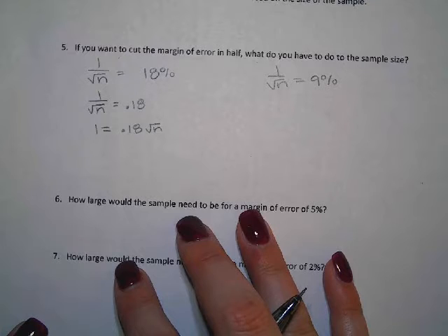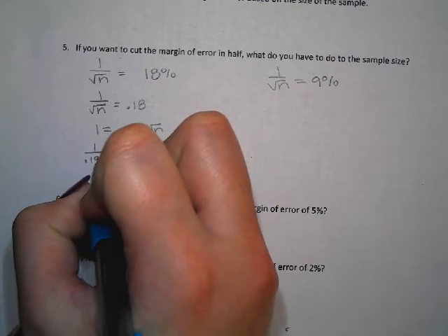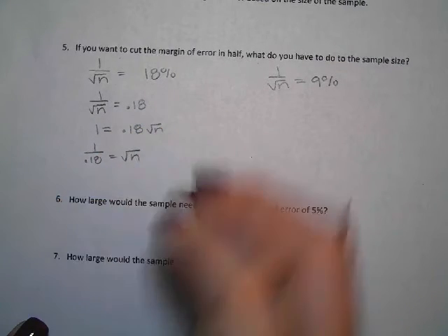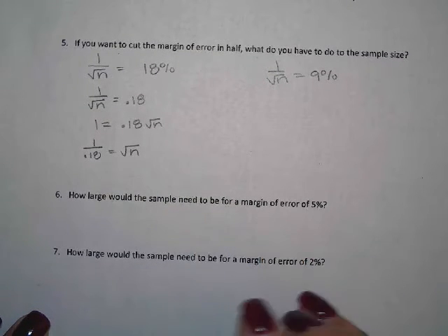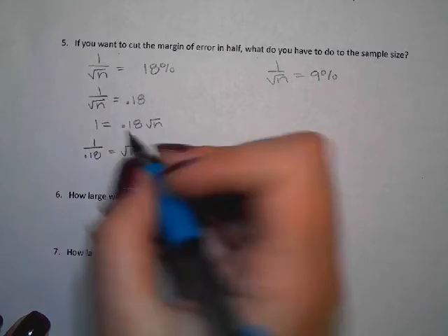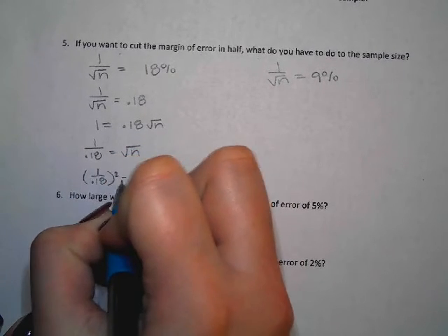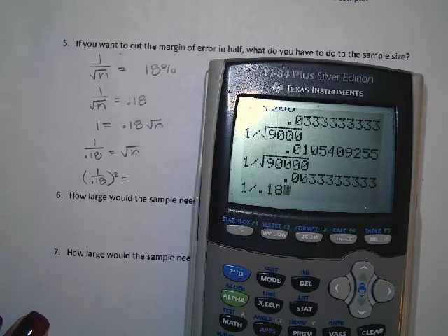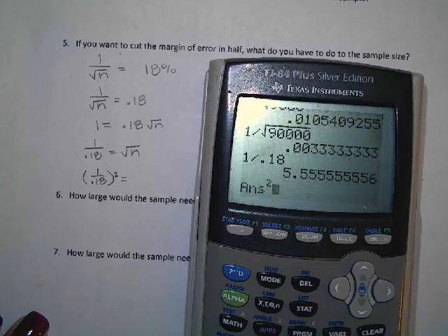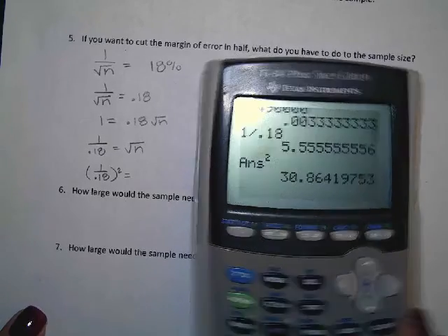And then what? Divide by 0.18, right? Because it was multiplied, so we have to divide. And then what would I do? Square, right? Undo the square root by squaring. So 1 over 0.18 squared. Okay. So that's about 31 people.